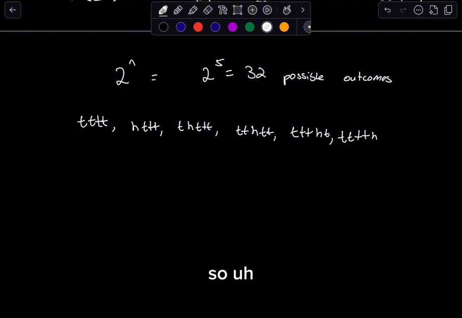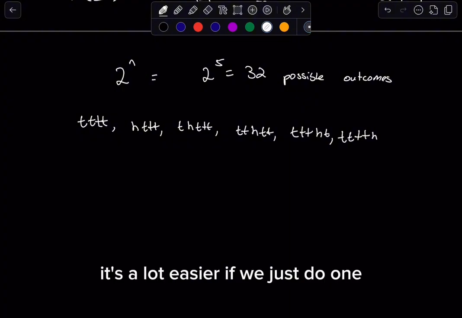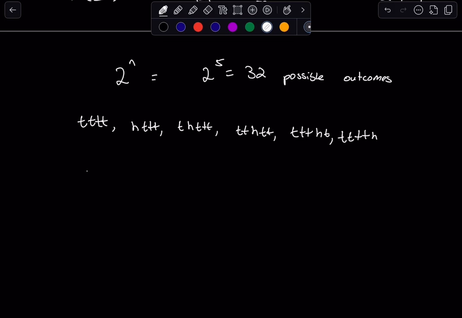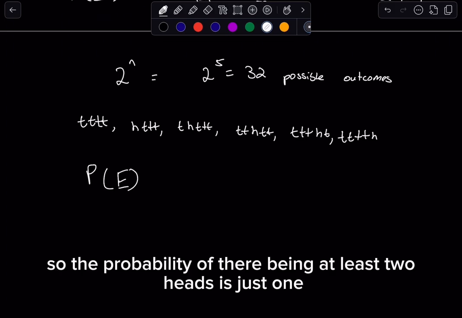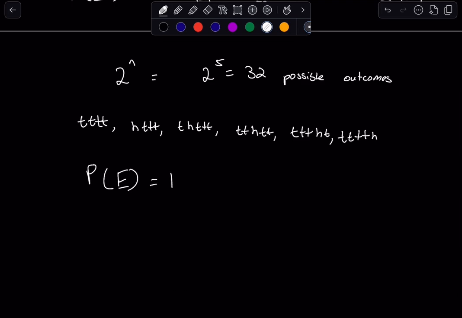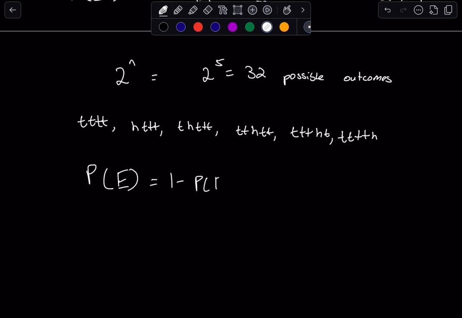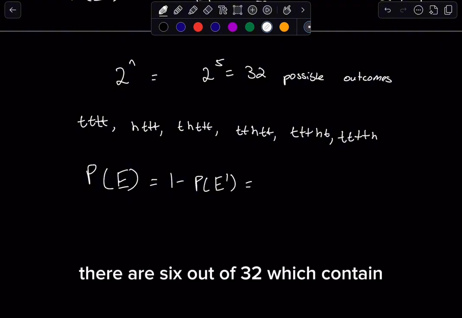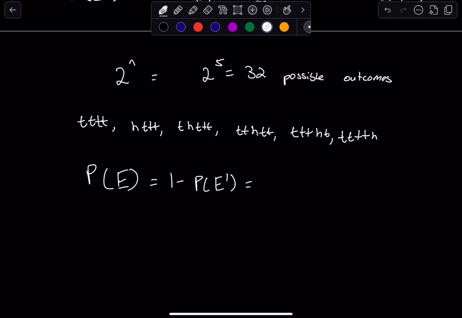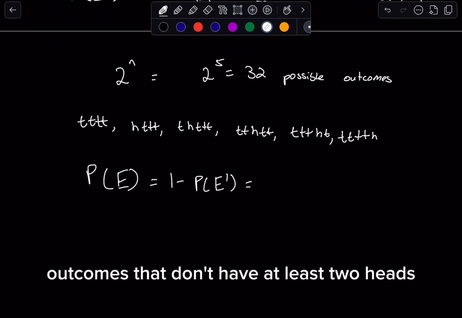So it's a lot easier if we just do 1 minus the complement. So the probability of there being at least 2 heads is just 1 minus the complement of that. And in this case, there are 6 out of 32 outcomes that don't have at least 2 heads.